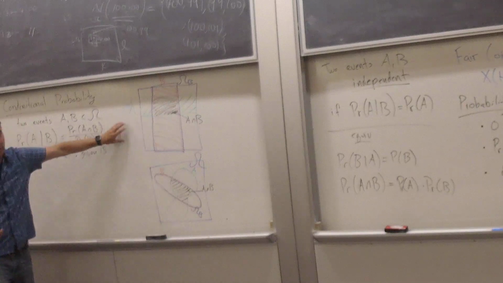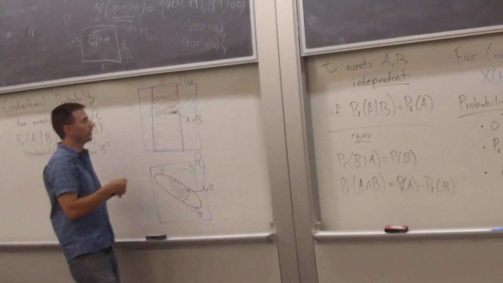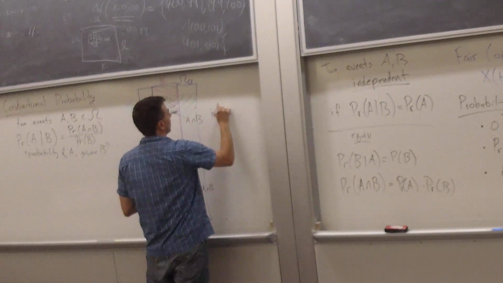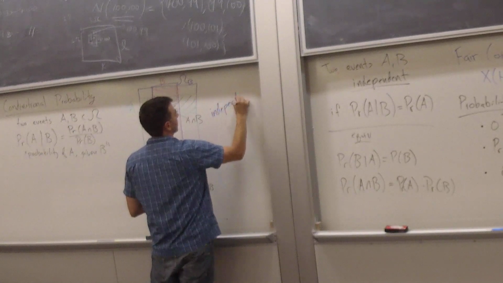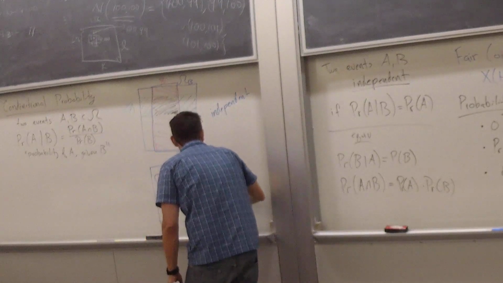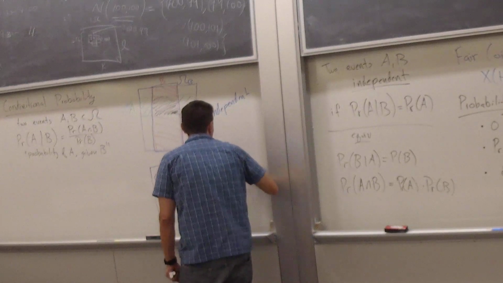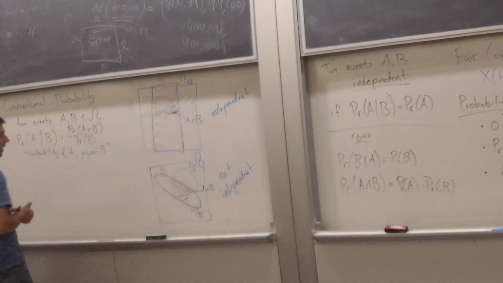Okay, so let's go back to these two examples. It's going to turn out that this one is independent, and this one is not independent. Okay, so let's look at why this is.